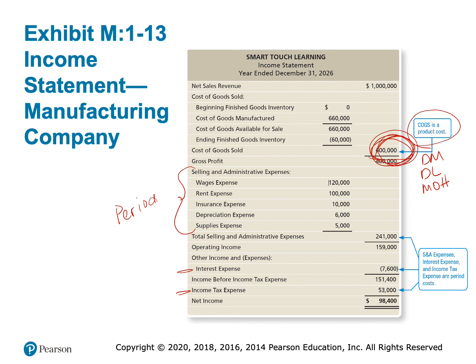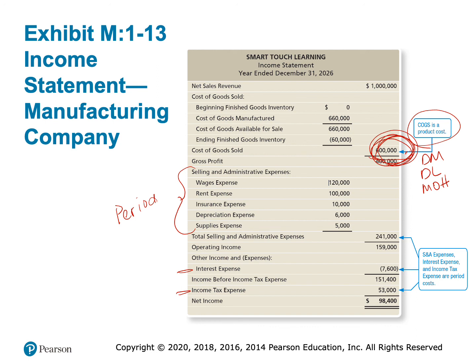This rent is not rent on the factory. This is rent on the sales store. This is rent on the corporate offices, but rent on the factory, that's up here. This is not all the insurance. This is insurance on our sales staff. This is insurance on the corporate offices, but the insurance on the factory is up here.